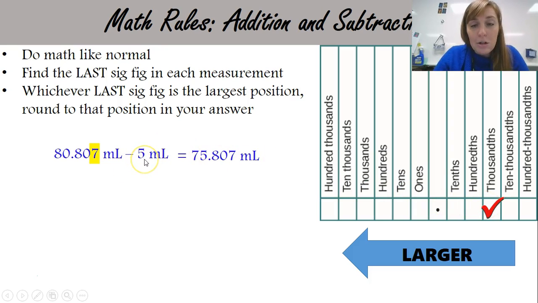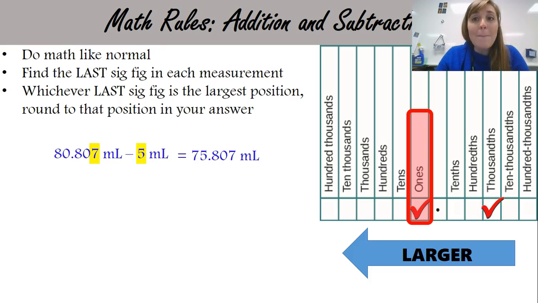In 5 milliliters, my only sig fig is 5, and that's in the 1s position. Which of those is larger? The 1s is larger. So my biggest guess is at the ones position, which means if I guessed here, I don't know what these are for sure, so I can't go past this in my answer. So in my answer, here's the ones position.